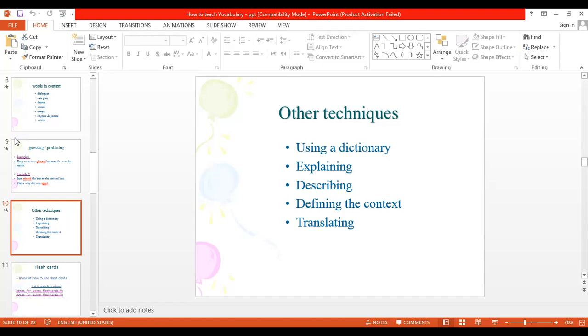Okay, thank you. We have some ideas here in the chat box. We can use a visual dictionary, a pictorial dictionary. This is an idea. And how do you use a dictionary with your learners?